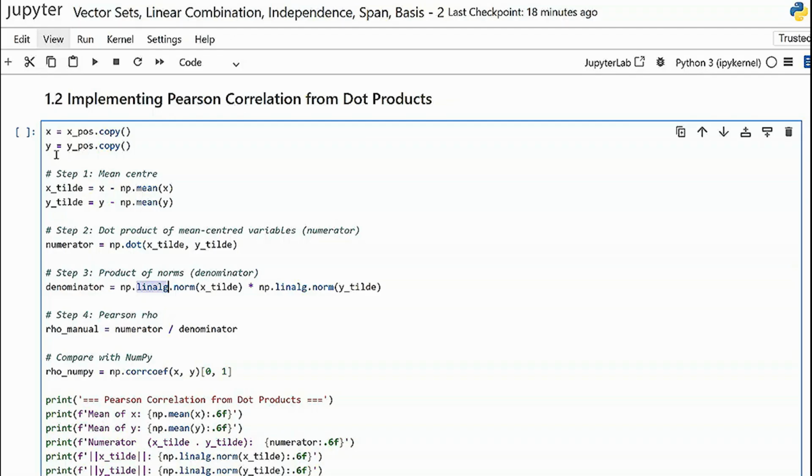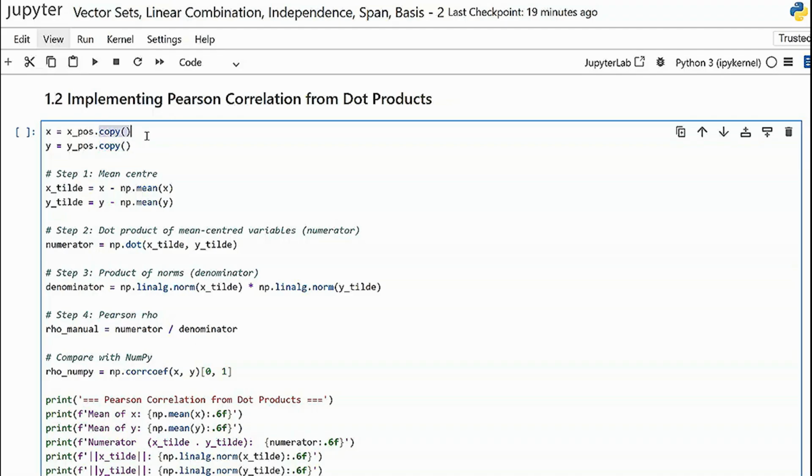Kindly see here, dear friends, we begin by creating copies of the input vectors, x_pos and y_pos. This ensures that any modification we make does not alter the original data.